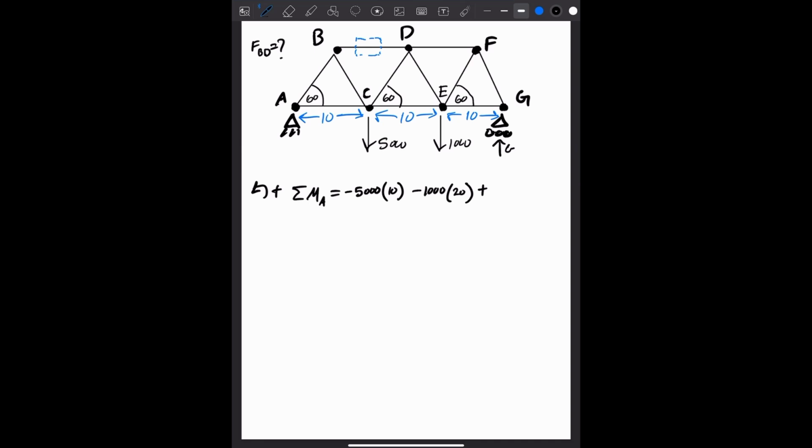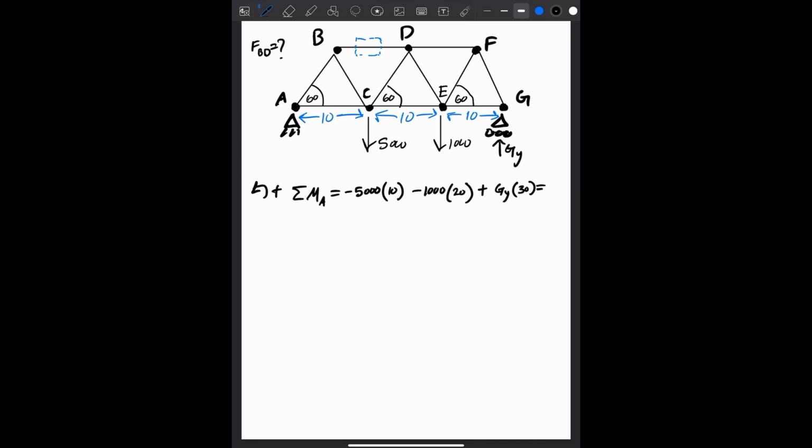So GY is going to act in this direction, up. You can think of GY as pushing the whole truss up. It's your reaction force. So we'll say GY is pushing in this counterclockwise direction, and the distance is 30.